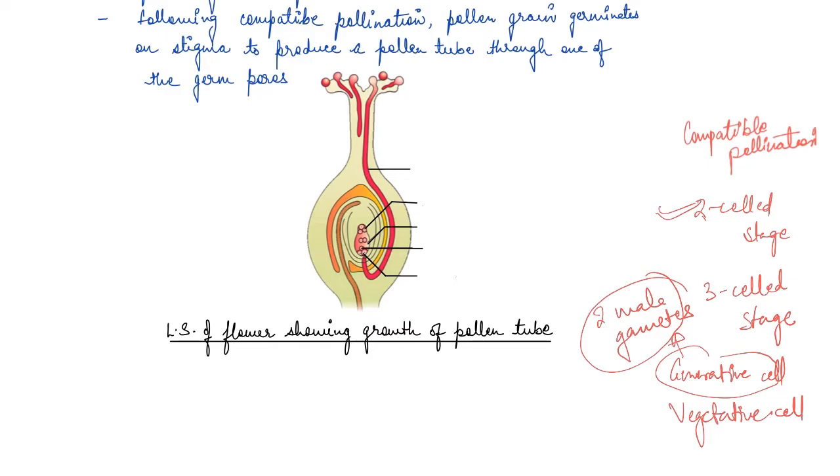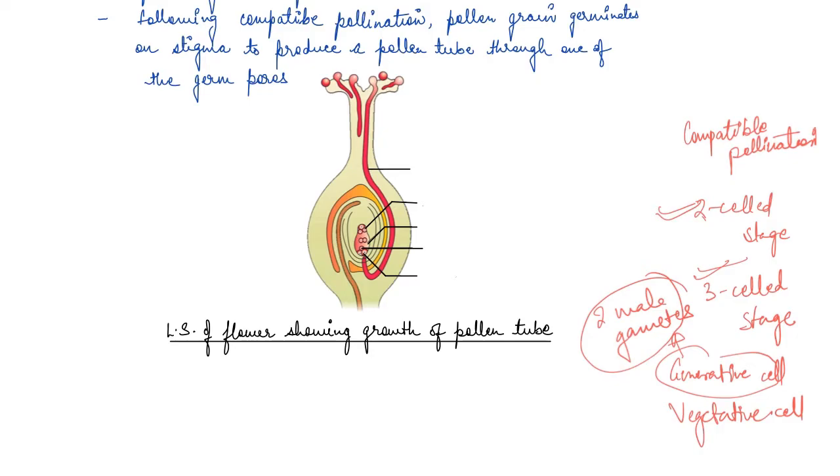Now, what happens in the three-celled stage? In the three-celled stage, pollen tubes carry the two male gametes from the beginning. Now, the pollen tube, after reaching the ovary, enters the ovule through the micropyle and then enters one of the synergids through the filiform apparatus.